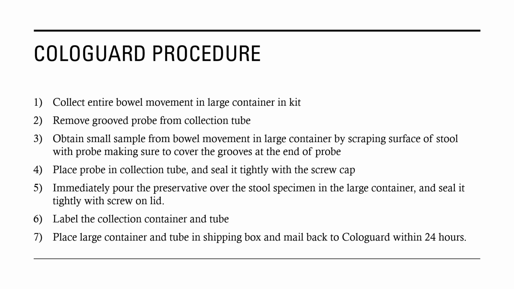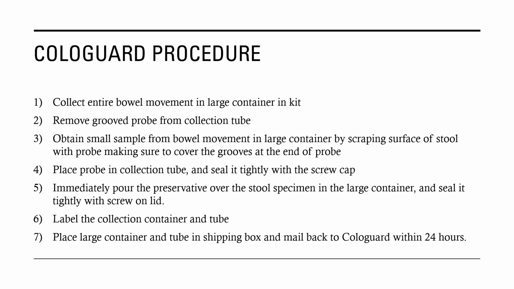This right here is our Cologuard procedure. So this is the instructions that the patients are going to get. I did simplify them a little bit from what the book has on some of them because it makes it easier to look at and read. So number 1, you're going to collect an entire bowel movement in the large container in the kit. Number 2, you're going to remove the grooved probe from the collection tube. Number 3, you're going to obtain a small sample from the bowel movement in the large container by scraping the surface of the stool with the probe, making sure to cover the grooves at the end of the probe.